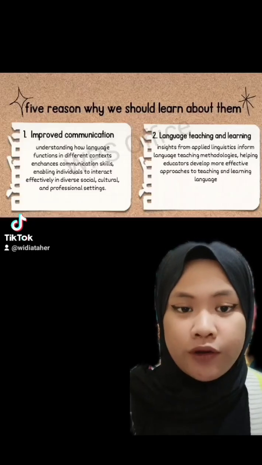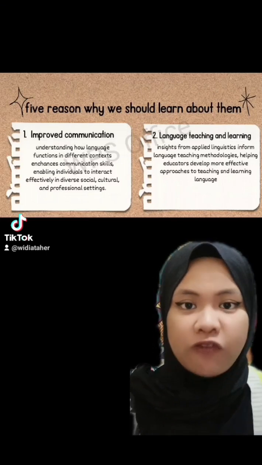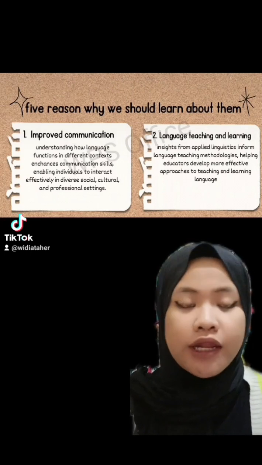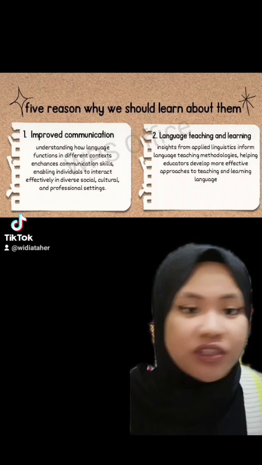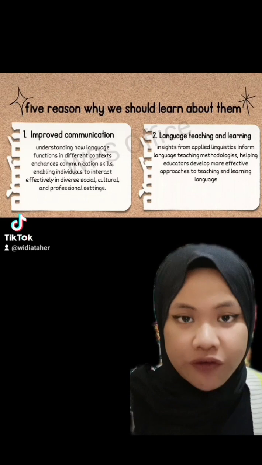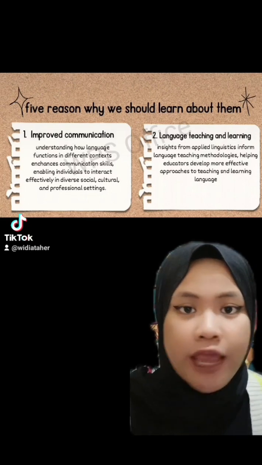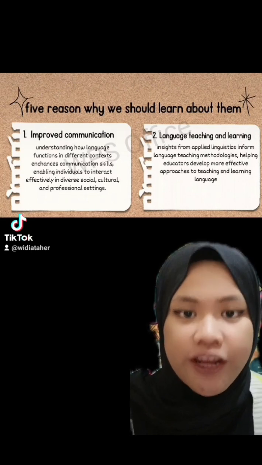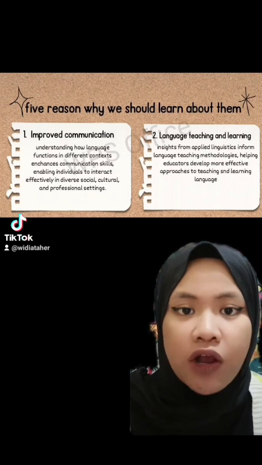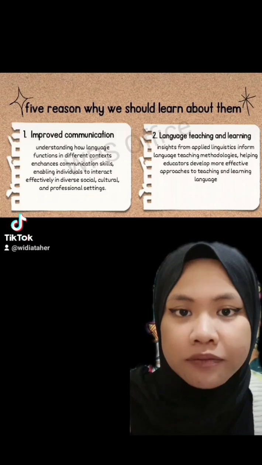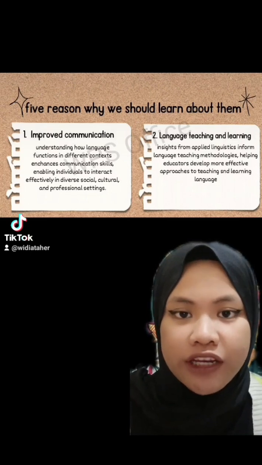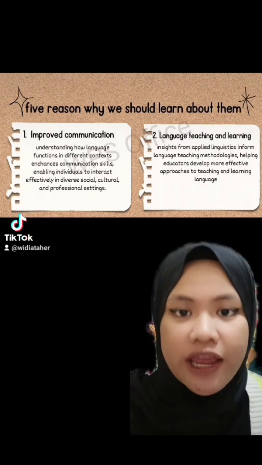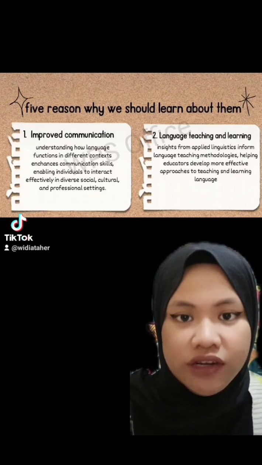So, now we should know about five reasons why we should learn about applied linguistics and language use. First one is improved communication. Understanding how language functions in different contexts enhances communication skills, enabling individuals to interact effectively in diverse social, cultural, and professional settings.